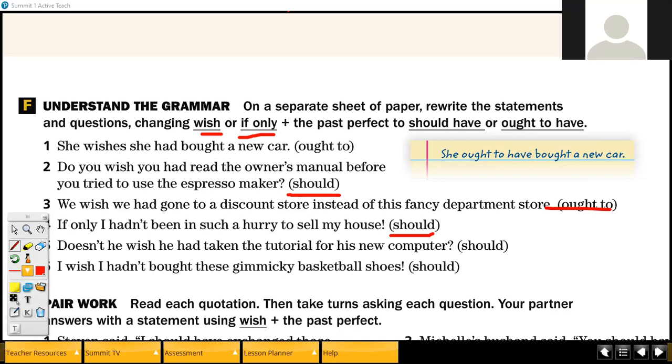Can you give me number 2? Why me? Well, because I think you're the only one. Yes, I know. Yes.